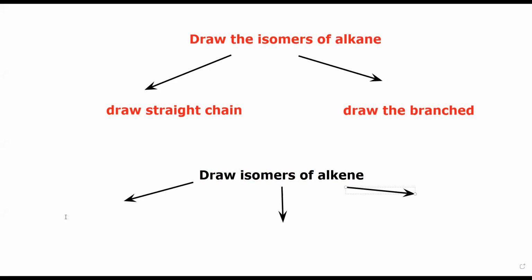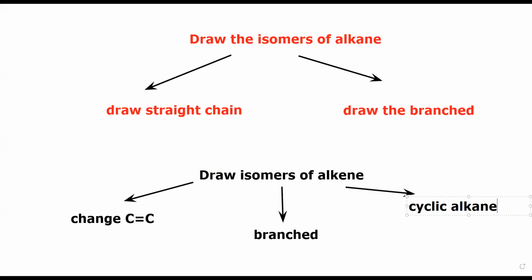So one way, change the position of the double bond. Second is make a branched. And the third one, you can make a cyclic alkane. These are the three ways for alkenes and two ways to draw isomers of alkane.